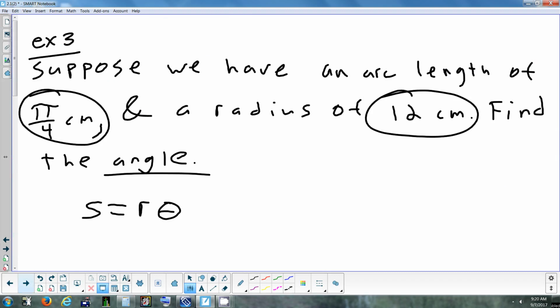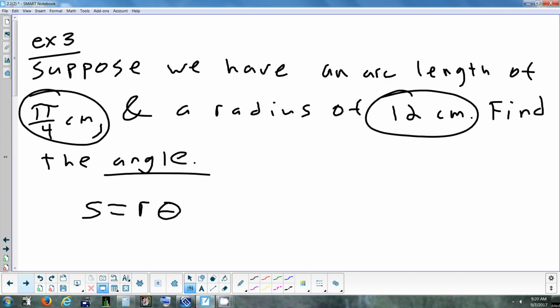For theta? Well, the last line says find theta. So the angle is what we don't know. It's the length. Which length? Because we have the radius, which is a length, and then we have the arc, which is also a length. Yeah. It's the arc.